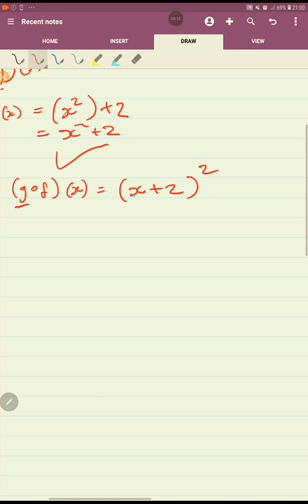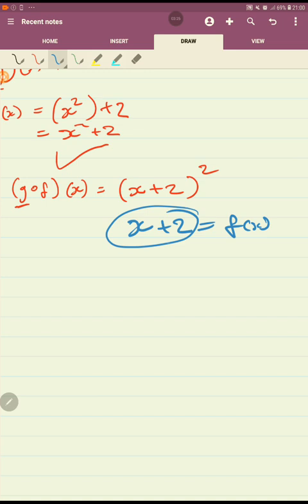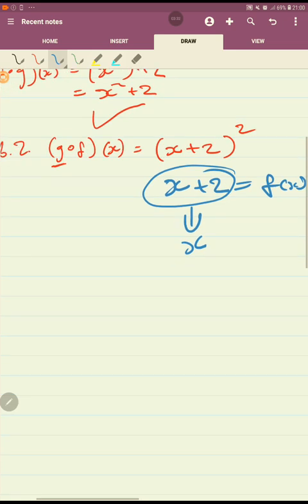Let me explain what's going on there. We have x plus 2 equal to f at x. Whenever you see this, it represents the value of x, only if you have g of f.